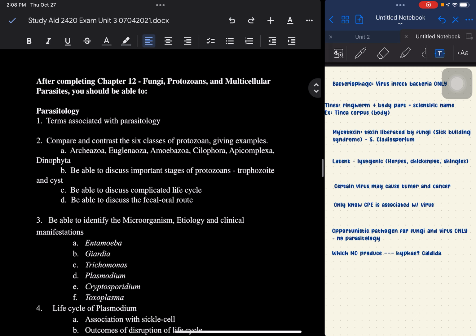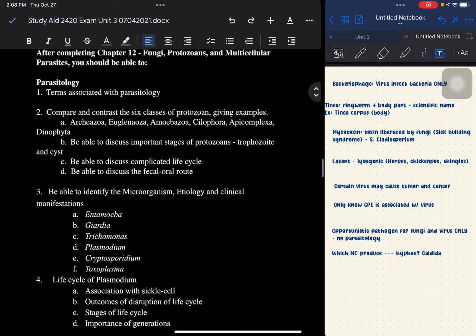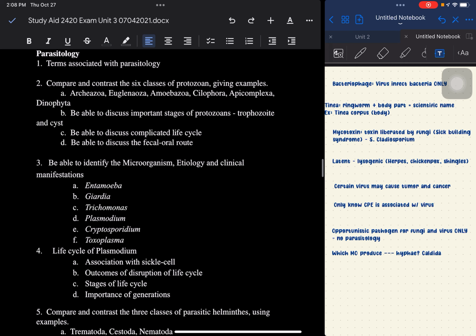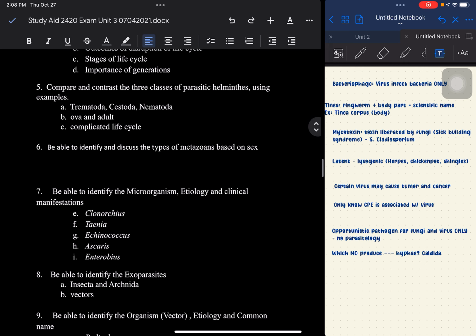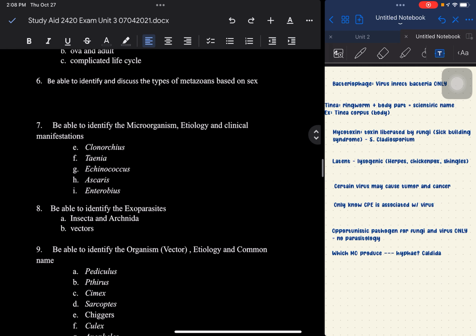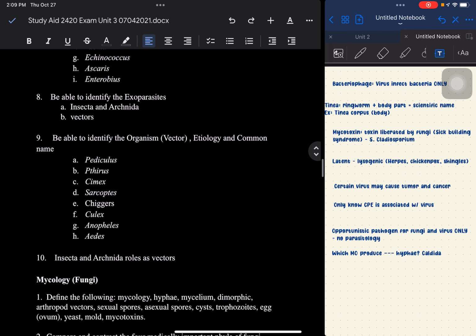The medically important phyla of fungi are the Zygomycota, the Basidiomycota, the Actinomycota, and the Deuteromycota, which don't exist anymore. It also says terms associated with ringworm. Tinea, okay. Trichophyton, there's a bunch of them.